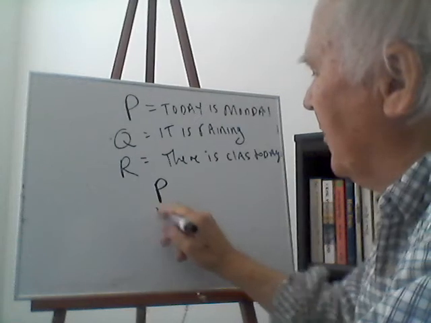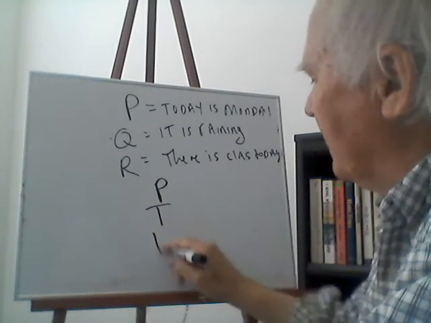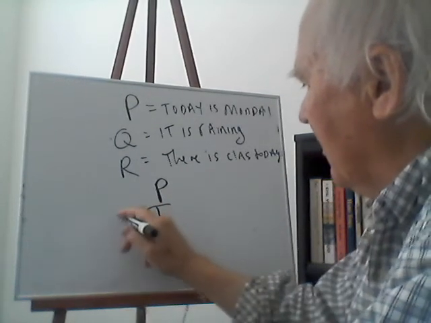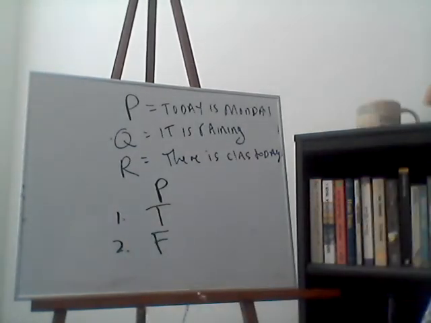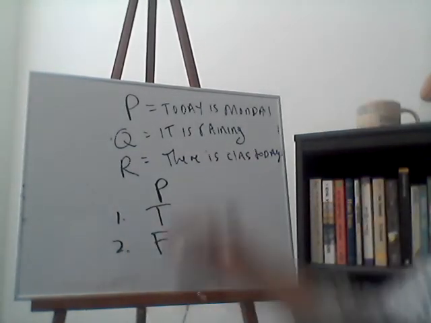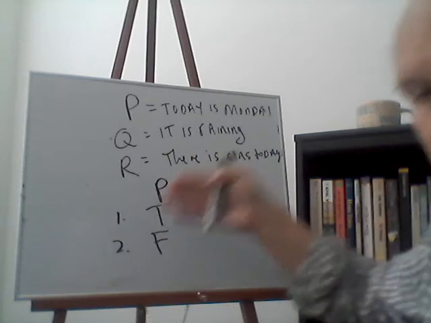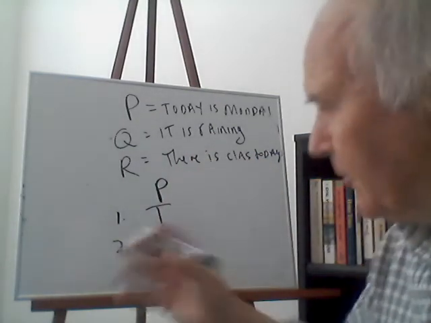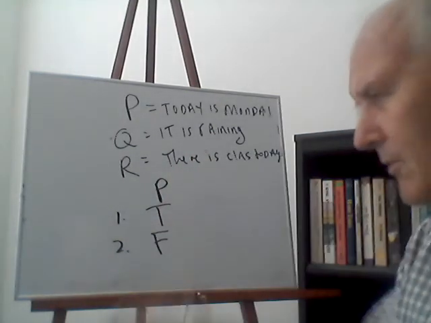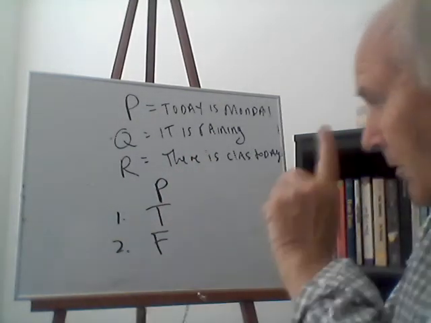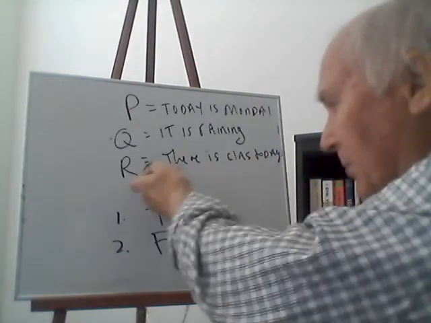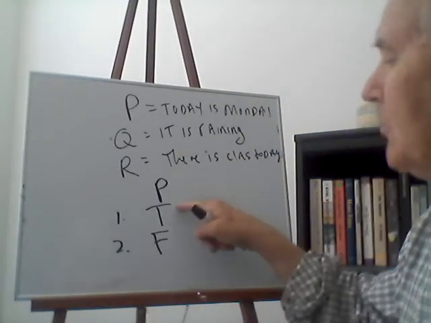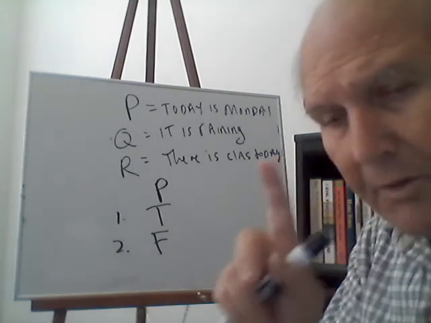I'll use T for true and F for false, and I'll number them 1 and 2, since these are two possibilities. This is what's referred to as a truth table. A truth table gives you truth values. If you have one atomic statement, say P, P can either be true or false. It has to be one or the other.